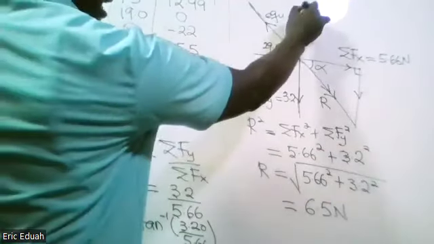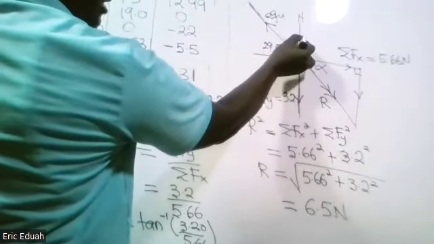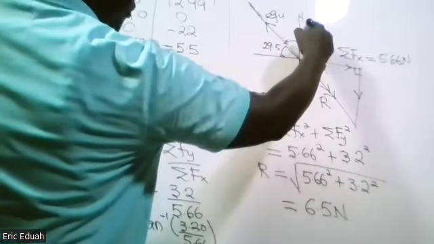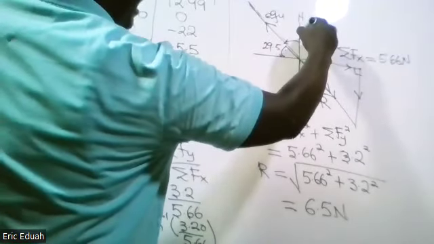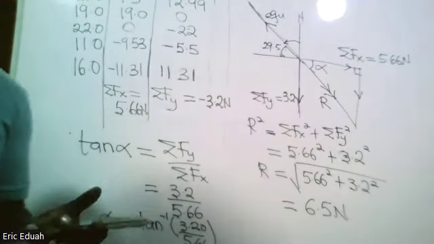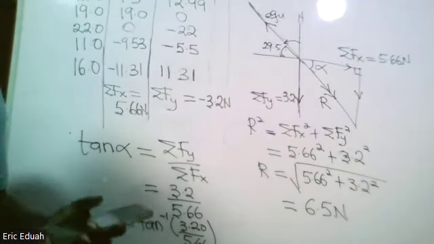So what all that you mean is that you must turn anti-clockwise, or if you want to follow conventions, then take it from the north in a clockwise direction. And that also becomes the direction of the equilibrant.